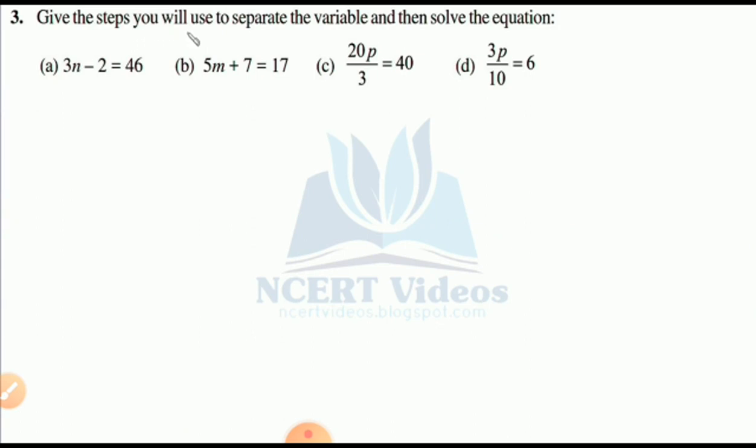Give the steps you will use to separate the variable and then solve the equation. 4 questions are there, A, B, C, D. Solve the equations also they ask. Here first n, second m, third p and fourth also p variables.